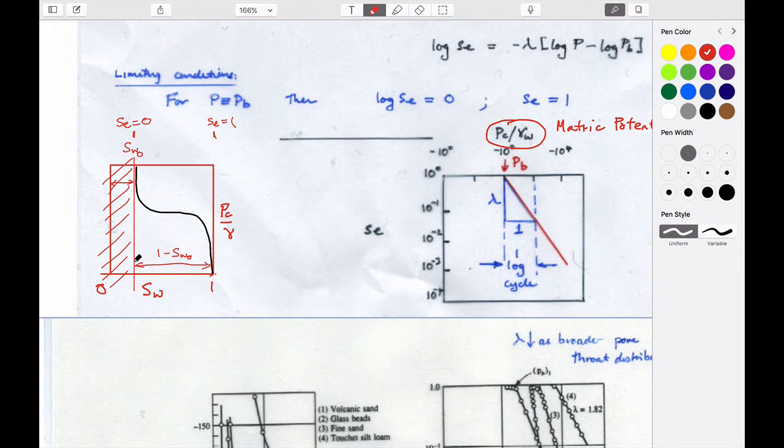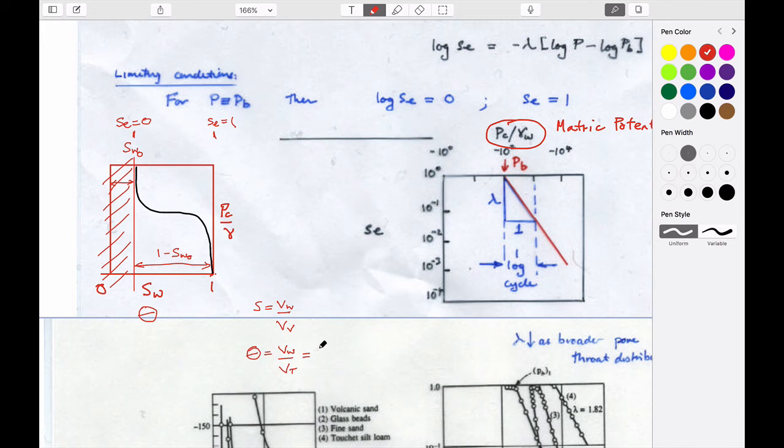The other thing that we could also do is we could define this not in terms of effective saturation, but of volumetric moisture content. So you remember that saturation is equal to the volume of water divided by the volume of the voids, whereas volumetric moisture content is equal to, again, the volume of water, but divided by the total volume of the solid.